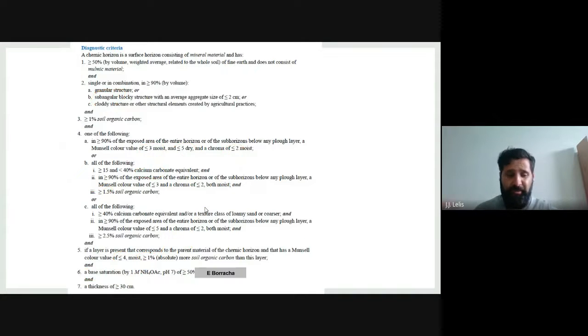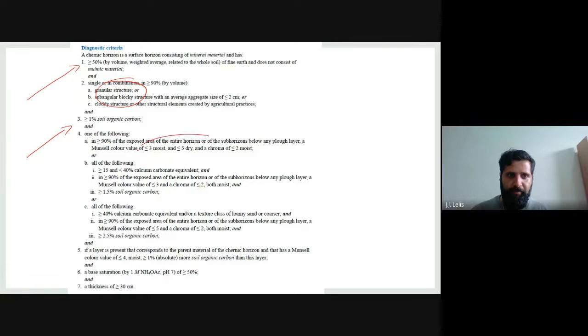So you can see it's quite similar to the Mollic horizon, but here we demand a content of fine earth. We again demand a strong grade. Here we demand a higher content of soil organic carbon.